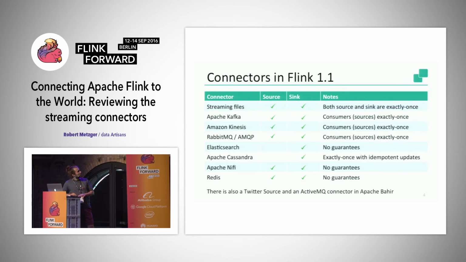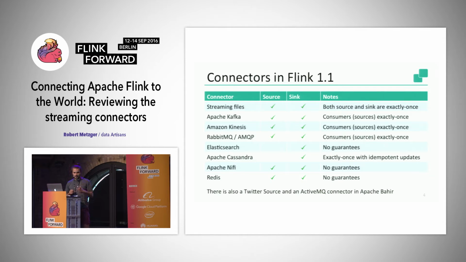Same goes for Amazon Kinesis, which is more or less a similar thing to Kafka, so also a message queue with some different semantics, and we can also read and write from Kinesis, and also only provide exactly once semantics for reading from Kinesis. Then another type of message queuing systems is RabbitMQ and ActiveMQ.